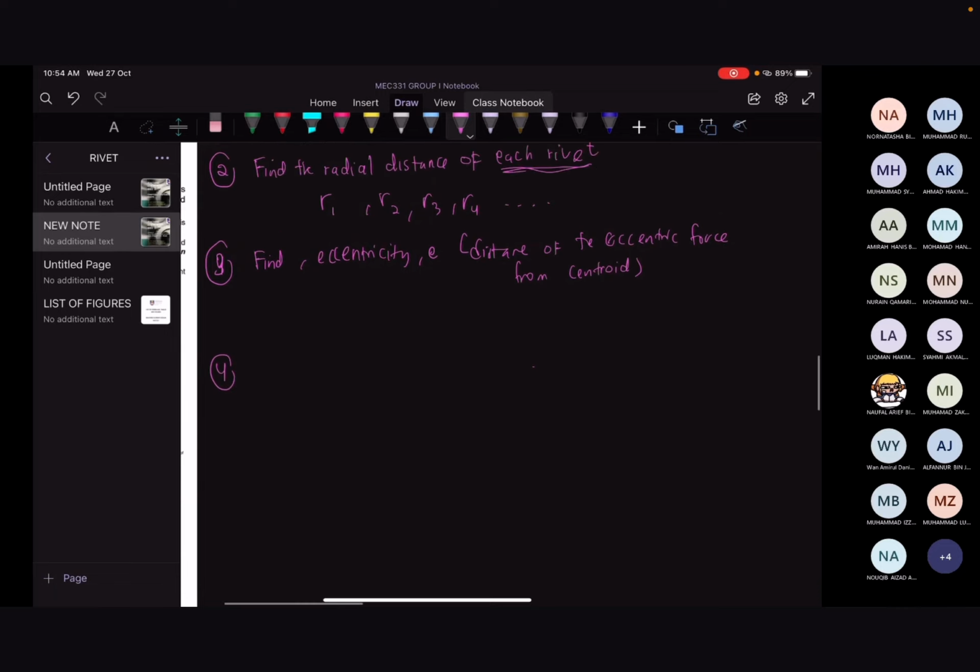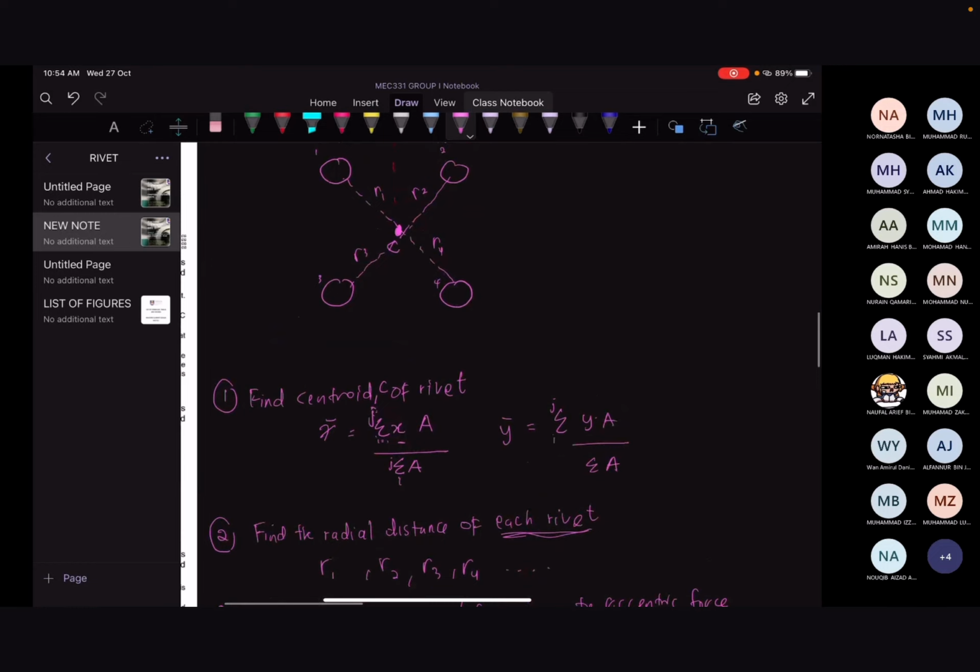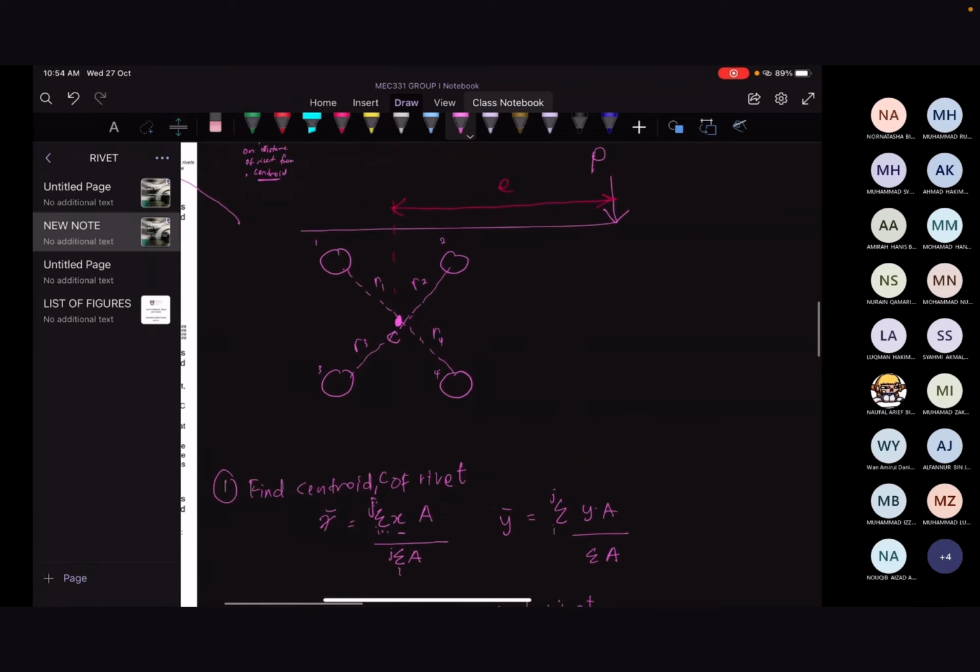So number 4, okay, move P and moment to centroid. Okay, so kita bukan move P ni pergi centroid pun.